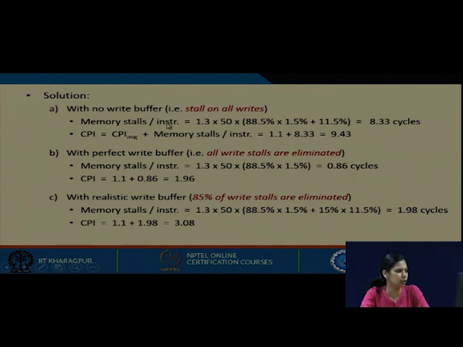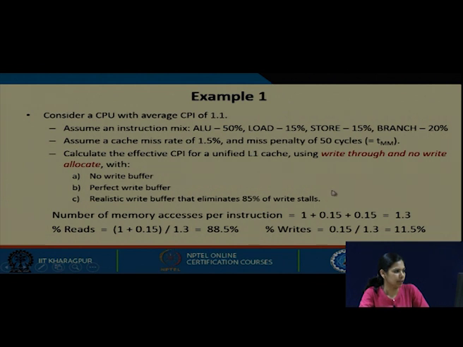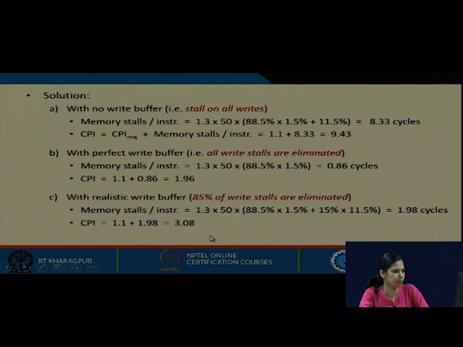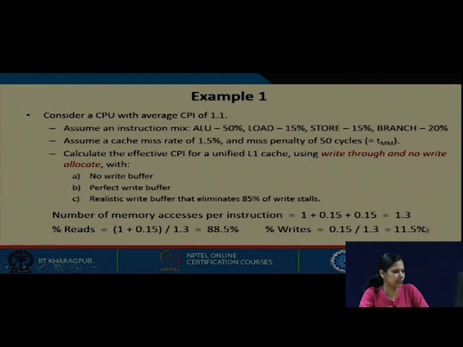So, the memory stalls per instruction will be 1.3 multiplied by 50 into the percentage read of 88.5% plus the percentage write of 11.5%, and assume that there is a cache miss rate of 1.5%.